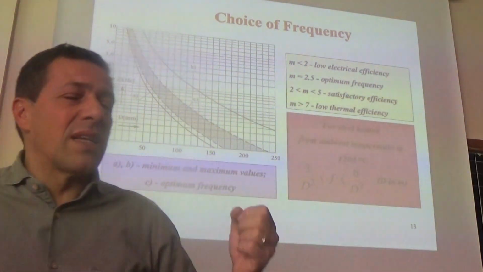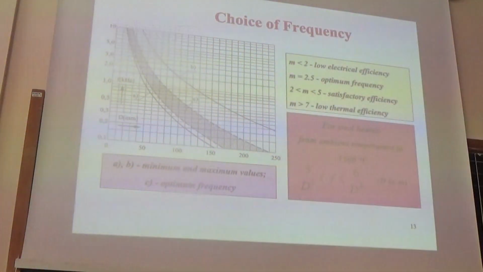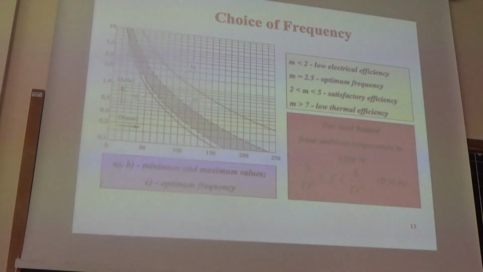And as I told you in the last lecture, we can find a compromise if we have to treat different billets with different diameters. I can choose a range of diameters, and then I use the same inductor for the same range. It's a compromise.